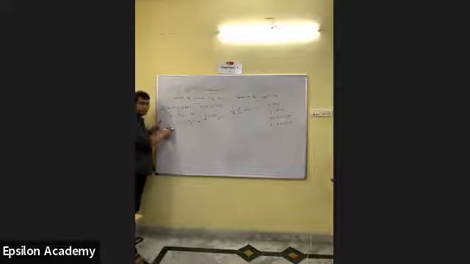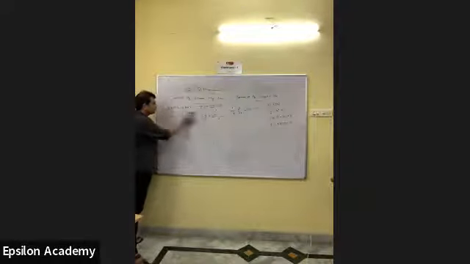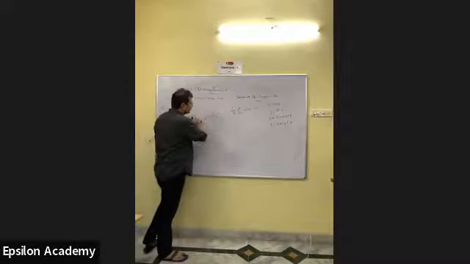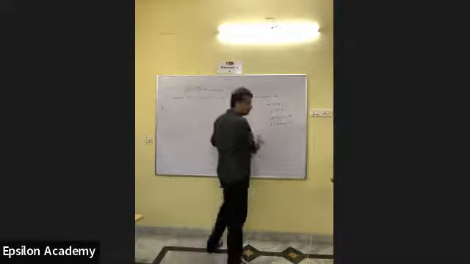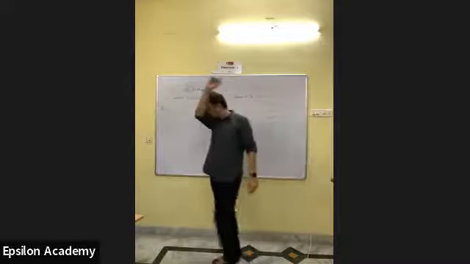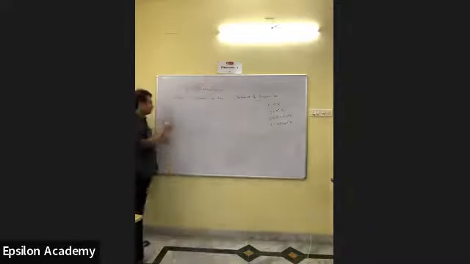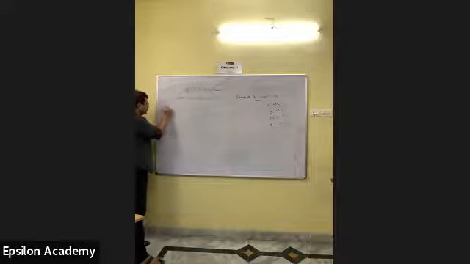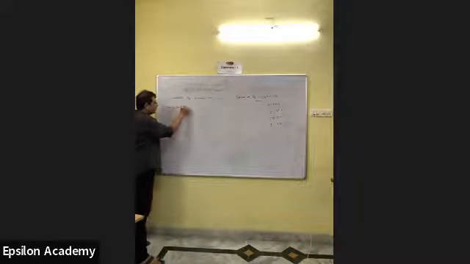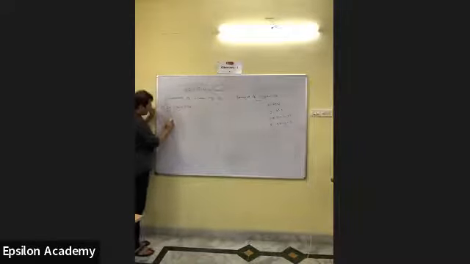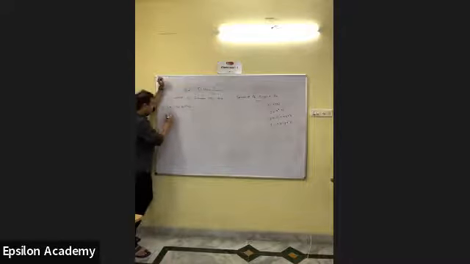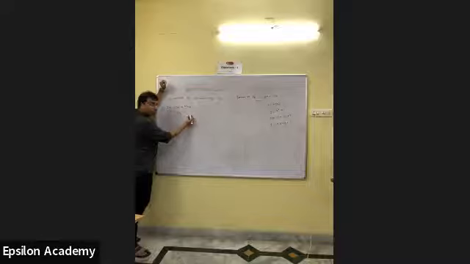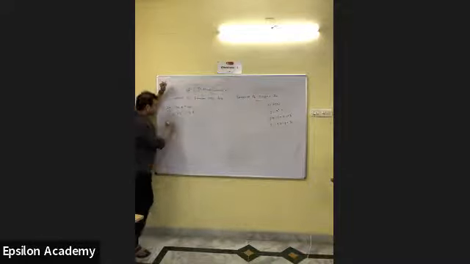Let's proceed. Next one. 2x plus 3y is equal to sin y. So 2 plus 3y dash is equal to cos y into y dash. Right?